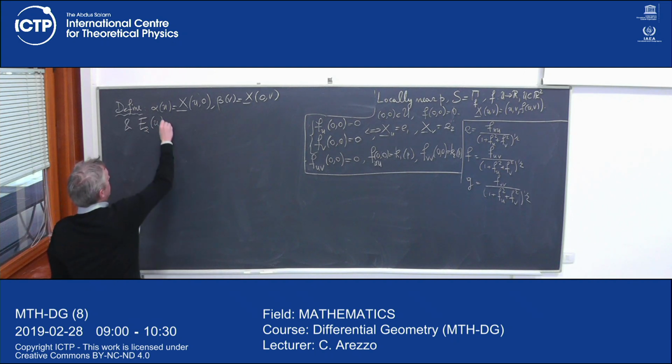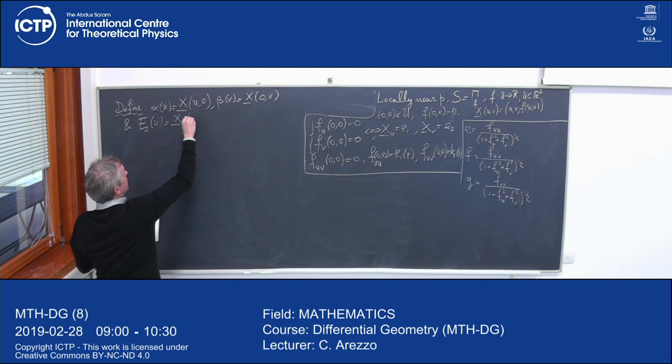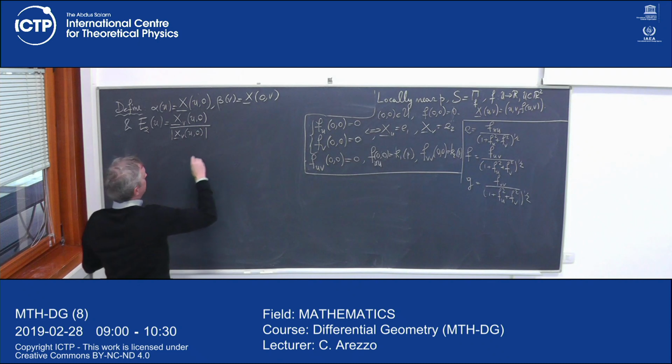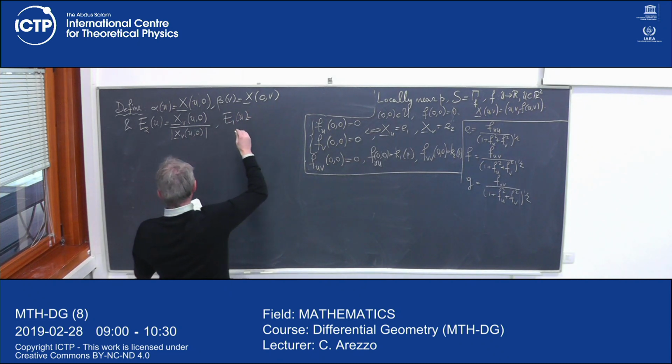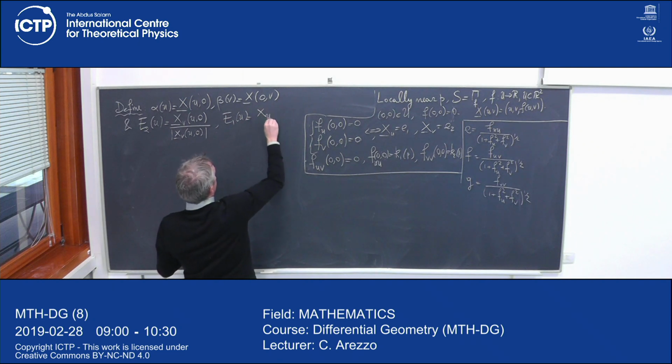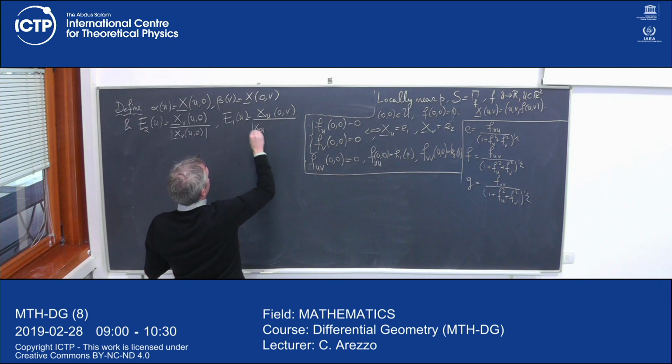So this will be the derivative of x with respect to v at the point (u, 0) divided by its norm. So this is just normalized. And E1, this time a function of v, is kind of the dual: the derivative xu at the point (0, v) divided by its norm.